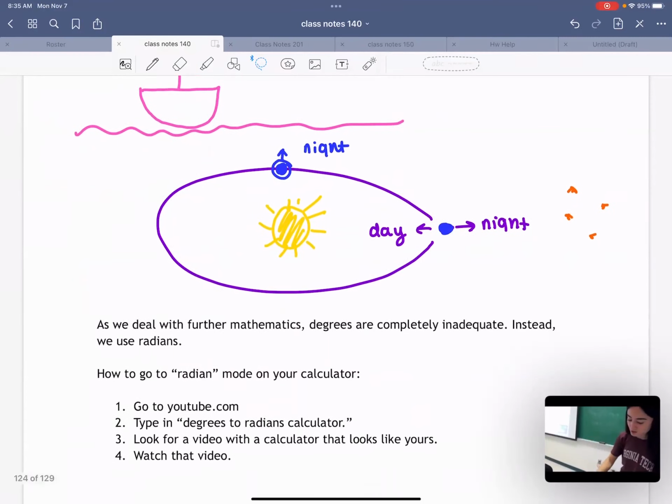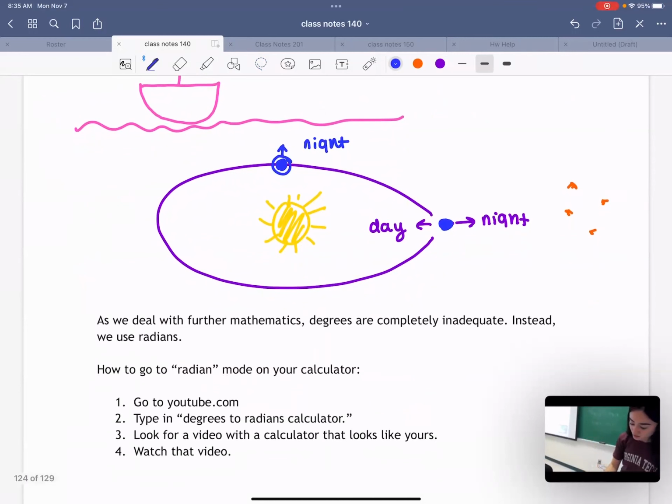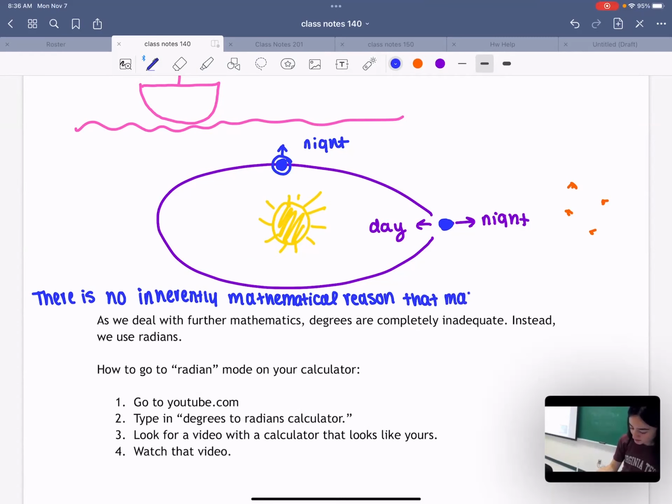And I'm actually going to write that out here. There is no inherently mathematical reason that makes 360 degrees in a circle a better choice.